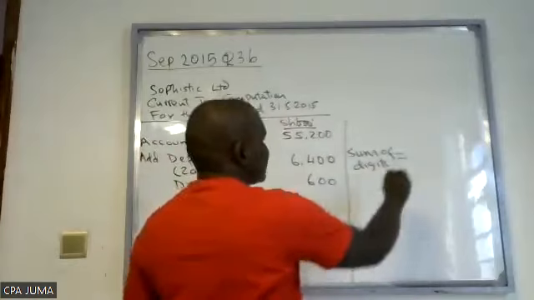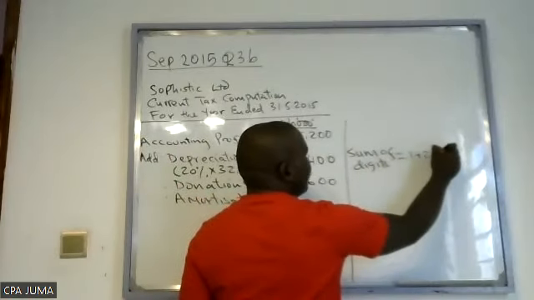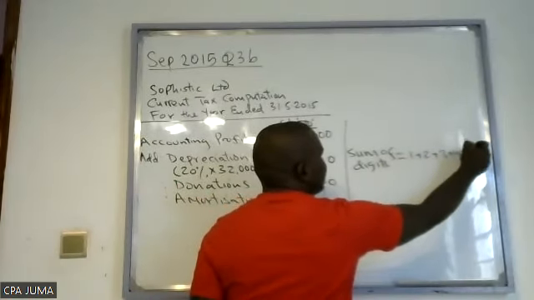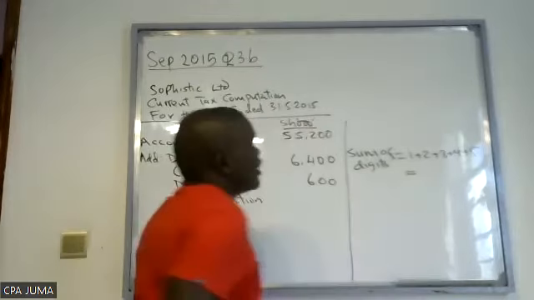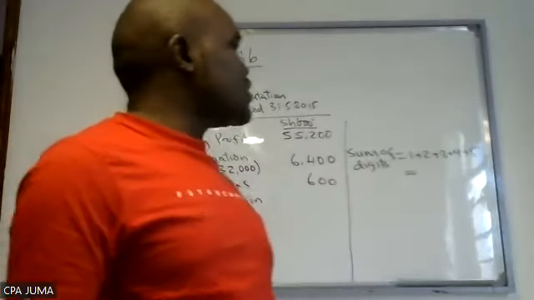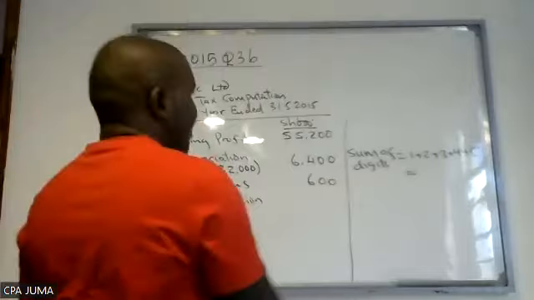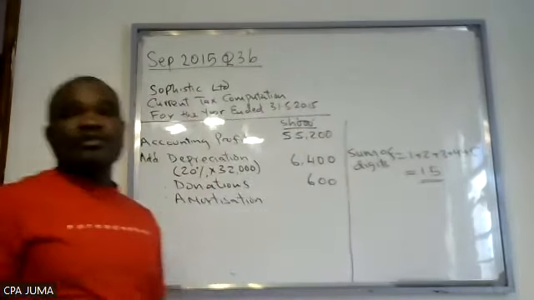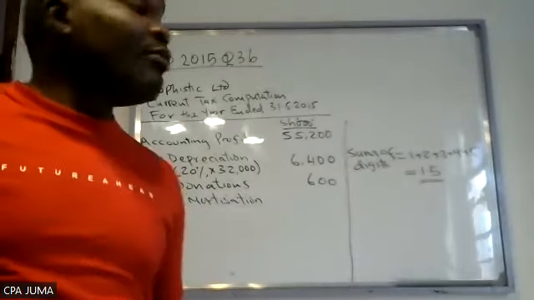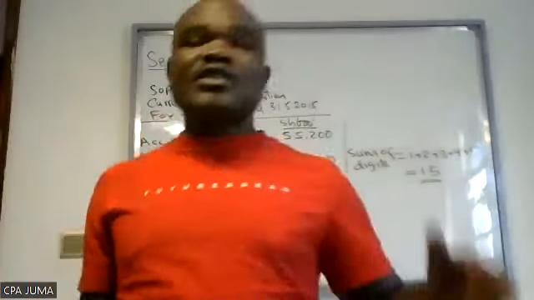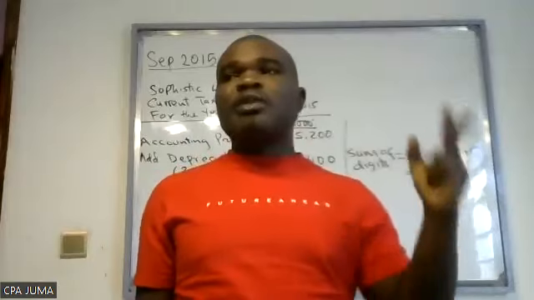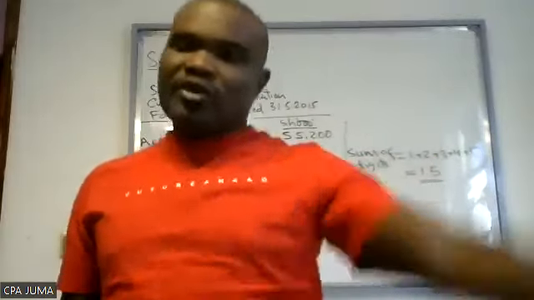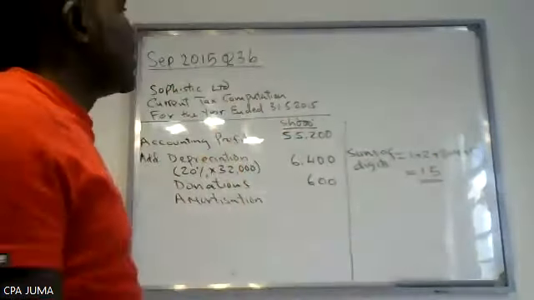So the sum of digits will be year 1 plus year 2 plus year 3 plus year 4 plus year 5. So 1 plus 2 is 3, 3 plus 3 is 6, 6 plus 4 is 10, 10 plus 5 is 15. That is the sum of digits.